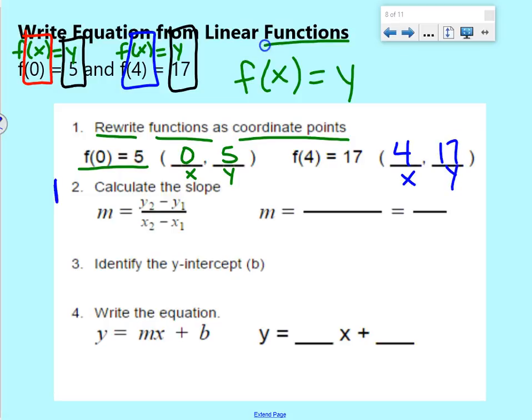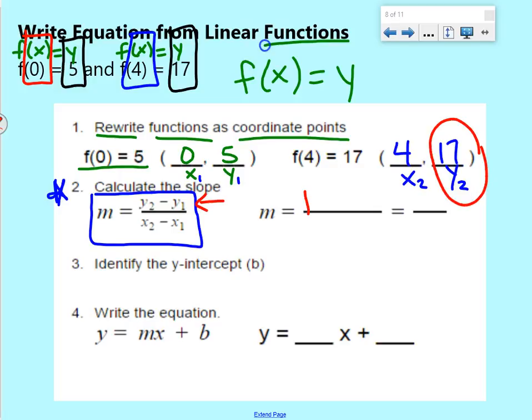Then we calculate the slope using our slope equation. So we have our x1 and our y1, x2, y2. Plug it into the equation. y2 minus y1 goes on the top. So y2, 17, minus y1, 5.